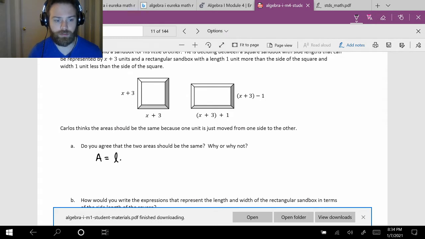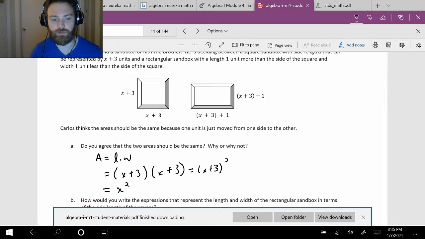Area is equal to length times width, but my length is x plus 3. So I've got x plus 3, and then my width is x plus 3. And if you remember from previous lessons, I can do first term squared, so x squared, and then this is just x plus 3 quantity squared, so I'm just going to use an identity here.